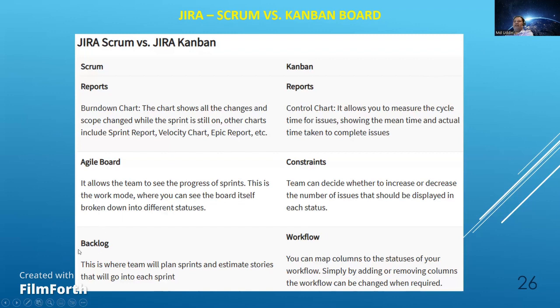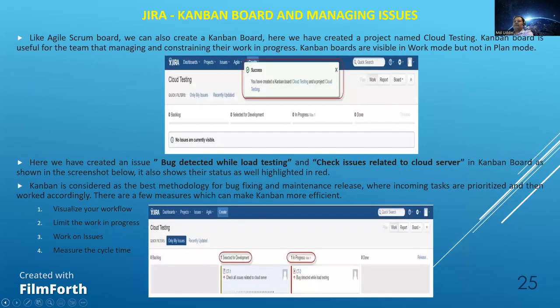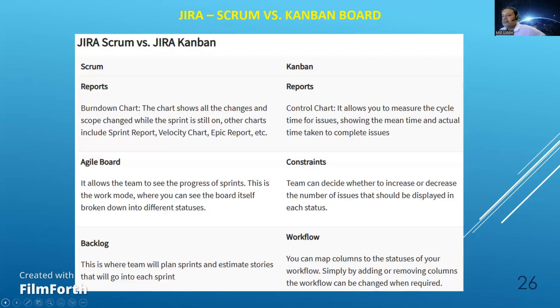So basically you will be familiar with backlog, report, Agile, Epic, user story, those things, because you will be using Agile Scrum. So there is a difference in the two of them. Any question? Any questions so far? No, it's okay.